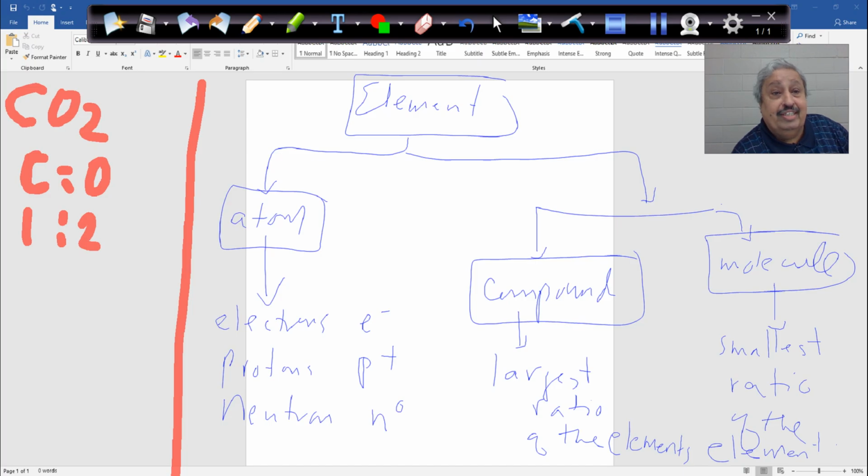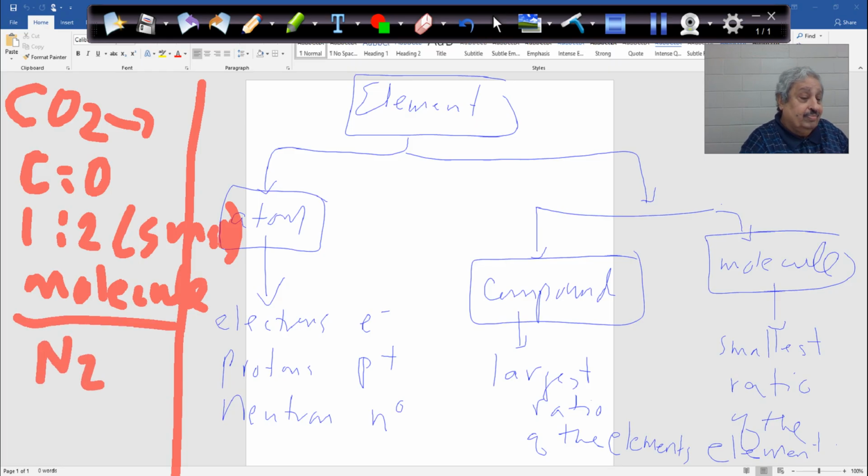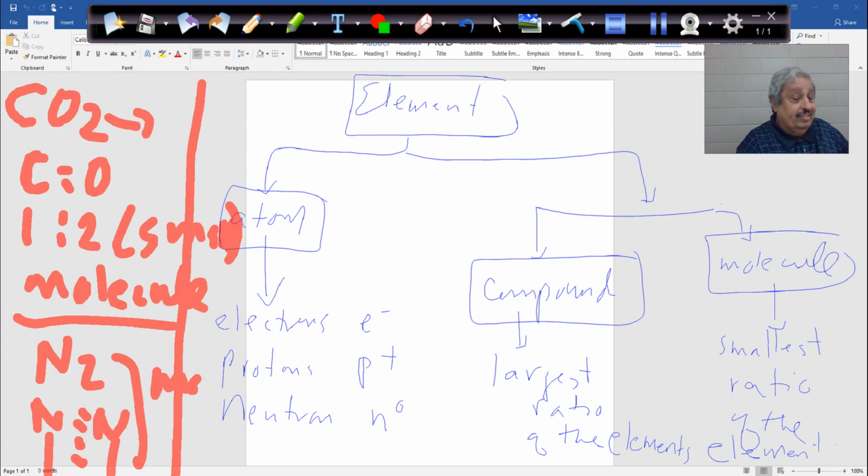Smallest ratio, correct? So we call CO2 a molecule. Correct? Nitrogen gas, N2. So N to N, 1 to 1. So this is what? A molecule, correct?